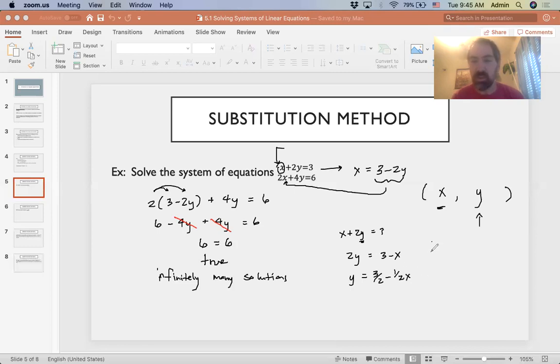So the solution would be written as x comma 3/2 minus 1/2 x. This would be all the ordered pairs that satisfy this system of equations. These are all the ordered pairs that lie on that line. So you can plug any number into x and it will give you an ordered pair that lies on that line.